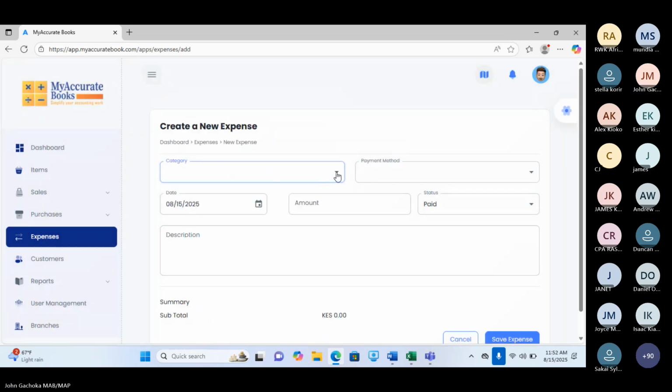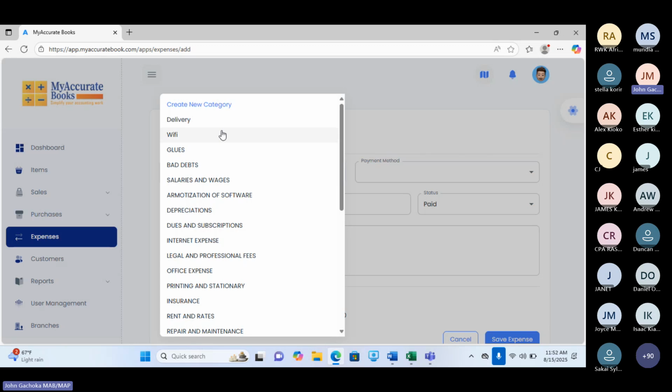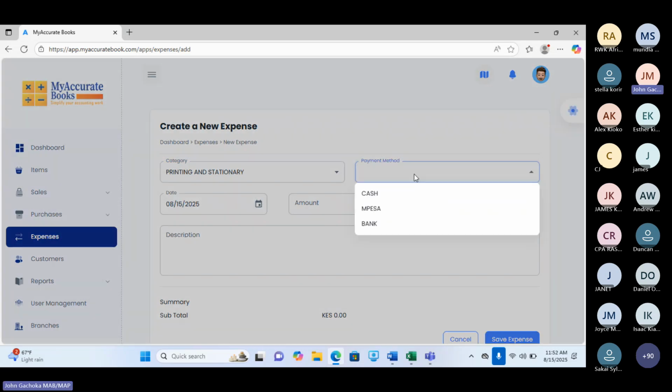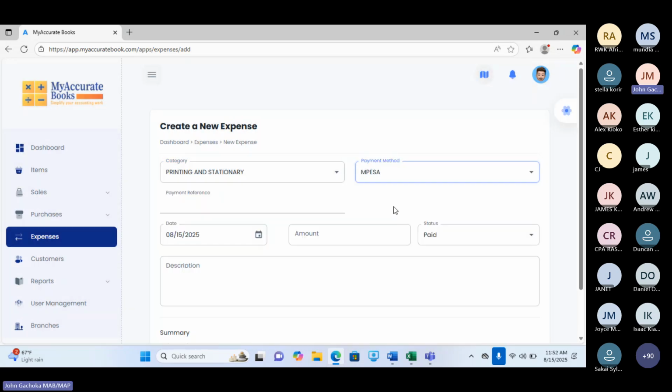So we could use an example. For example, maybe we could pay for printing and stationery. The payment method may be M-Pesa or bank transfer. Let's say M-Pesa. This is mandatory. You have to indicate the reference code. The dummy number.